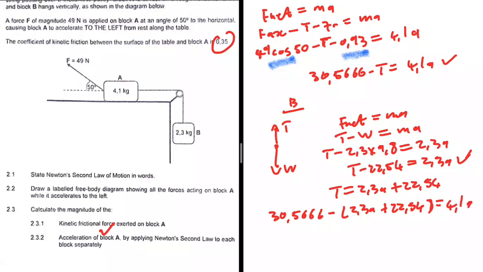Right, so 30.5666 minus 22.54 is 8.0266, and it is equal to 4.1 plus 2.3, this is 6.4a. So a is equal to 8.0266 divided by 6.4, and this is equal to 1.25 meters per second squared.